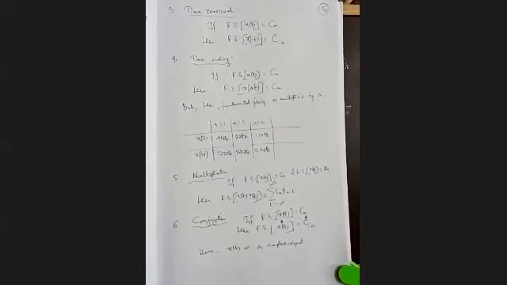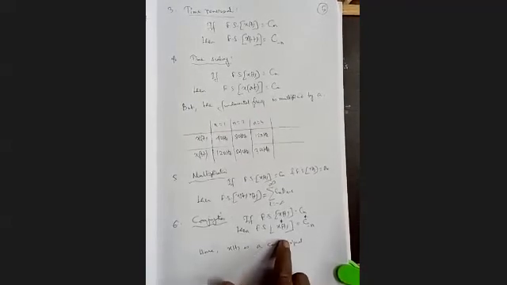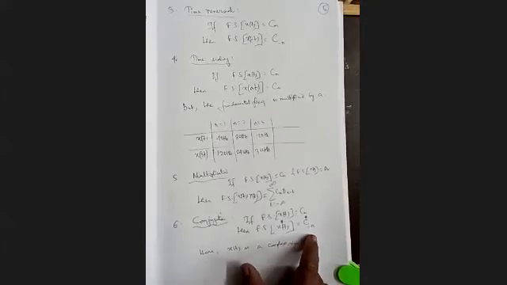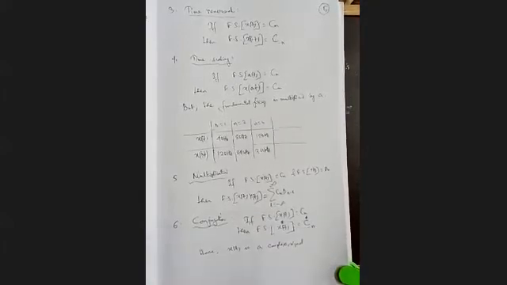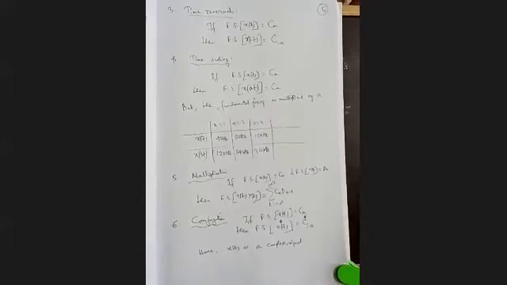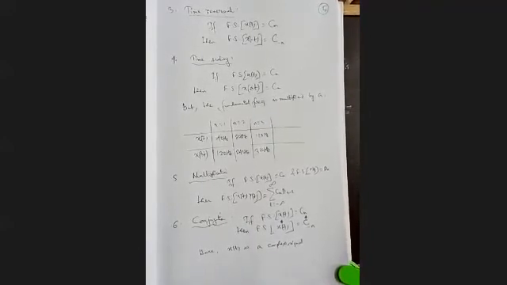Our Fourier series of its complex conjugate is a Fourier coefficient where n will be replaced by minus n, and then we will take the complex conjugate of that thing. Clear? So that is our conjugation property.